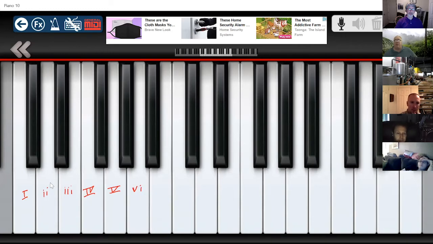You hear that? That sounds the same as, which sounds the same as, because it's the same distance between those notes. And so those are what we call minor triads. And in the diatonic scale of C, your minor triads are building on the 2nd, on the 3rd, and on the 6th.